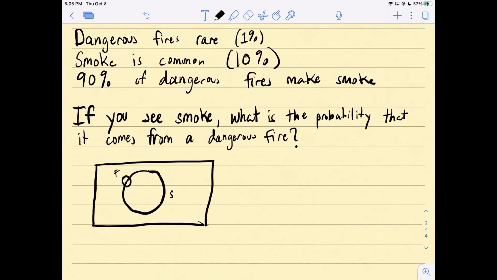If you see smoke, what is the probability that there is fire? This is 10%. This is 1%.